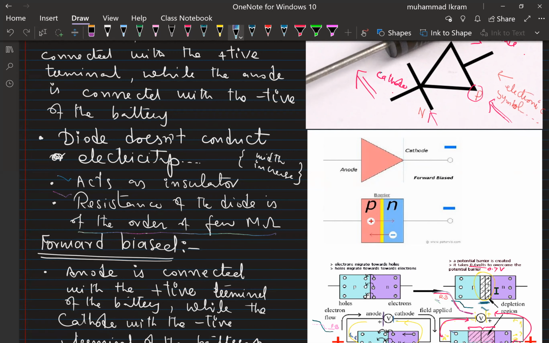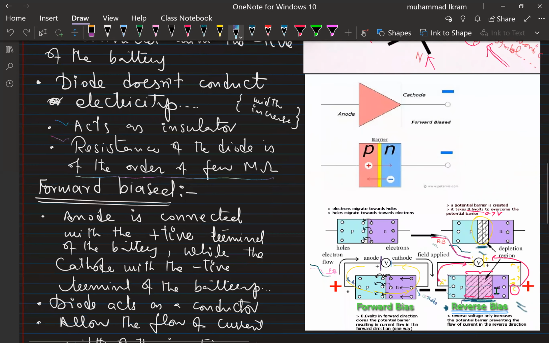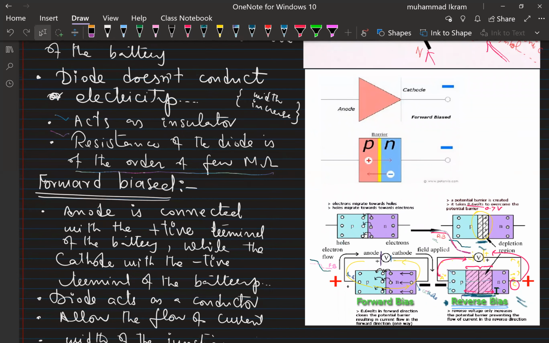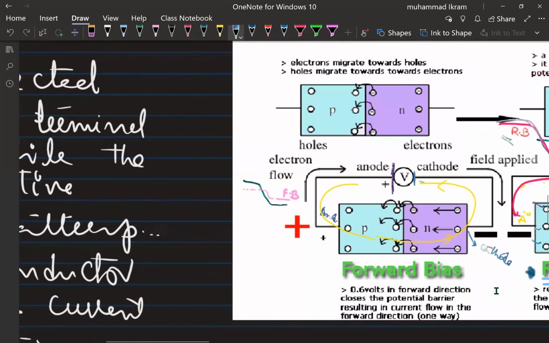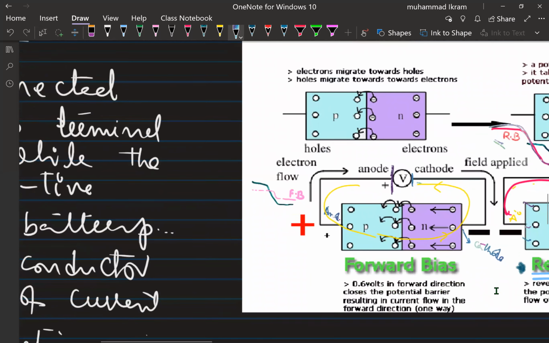Contrary to this, we have the forward biased condition, forward biasing. In this sort of situation, what is going to happen?